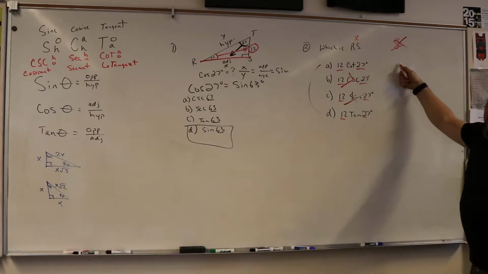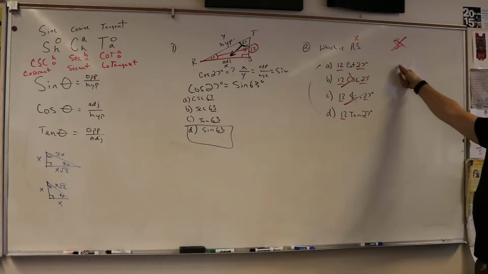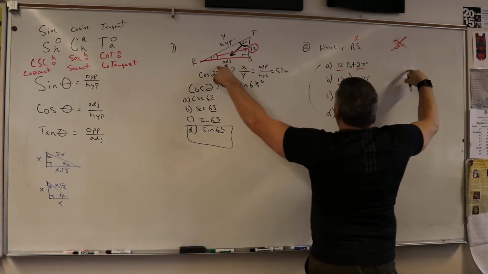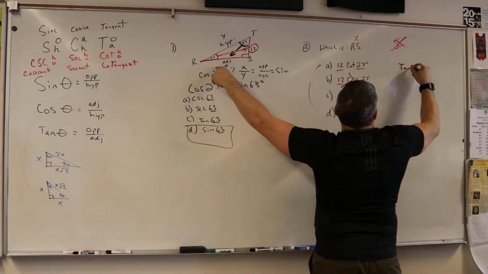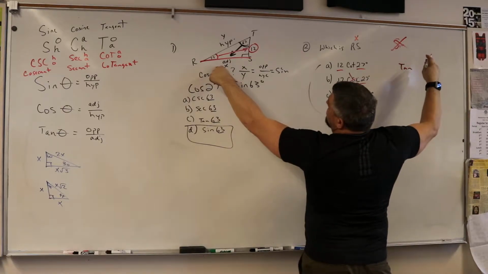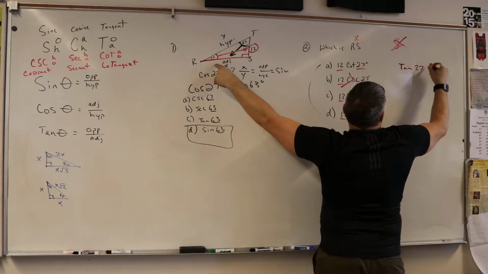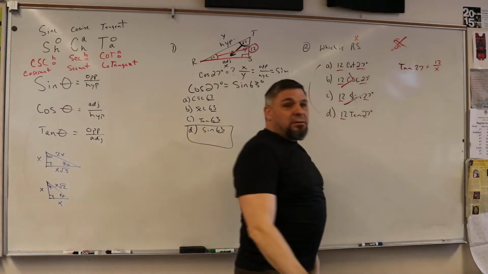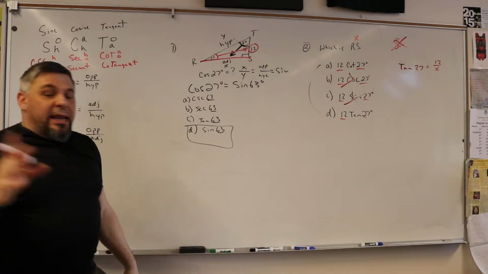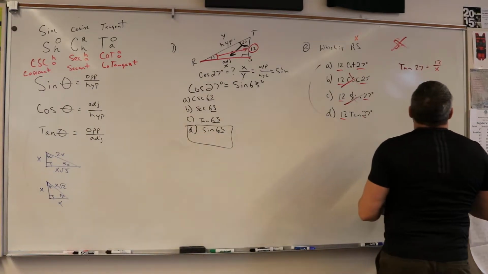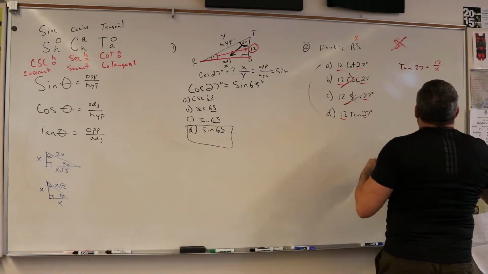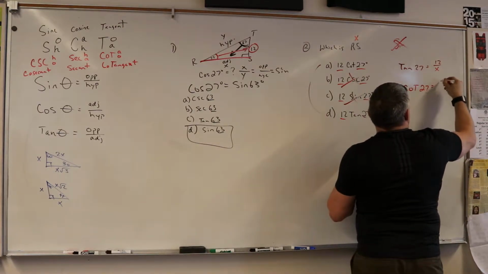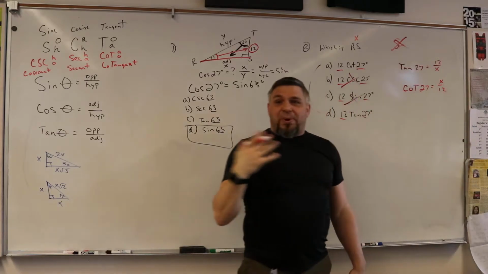So, RS. If we talk about opposite, then tangent of 27 degrees is equal to the opposite, which is 12 over x. And the cotangent of 27 degrees would be the inverse of that, x over 12.